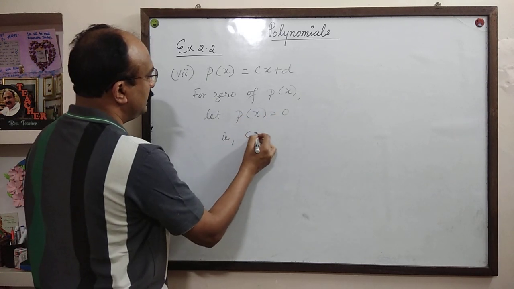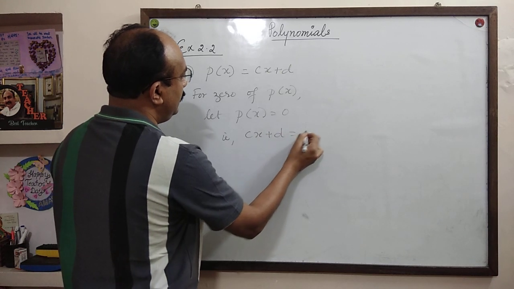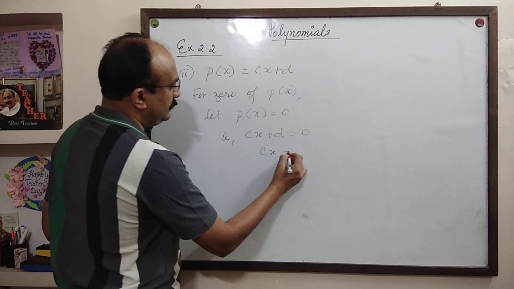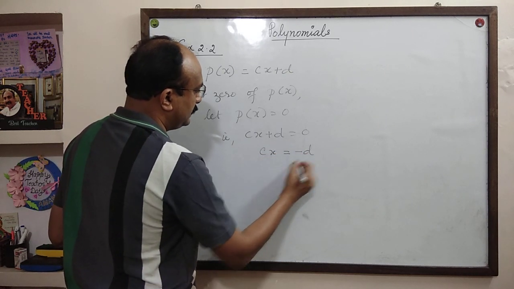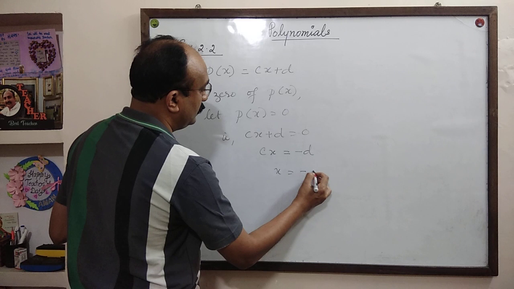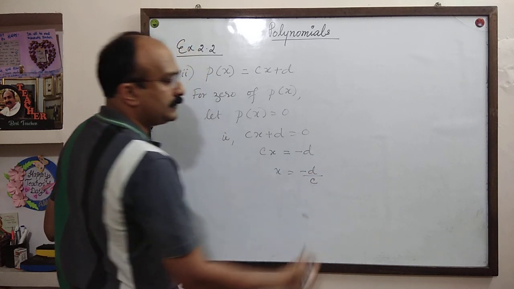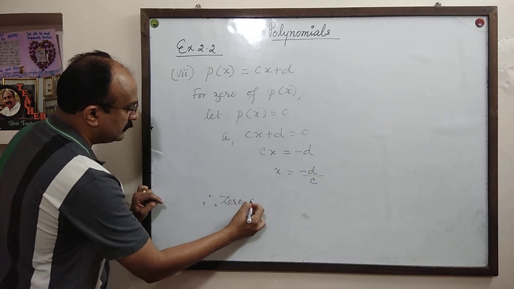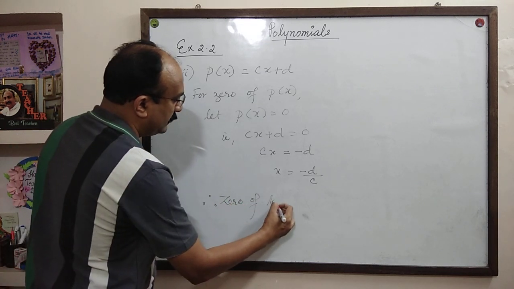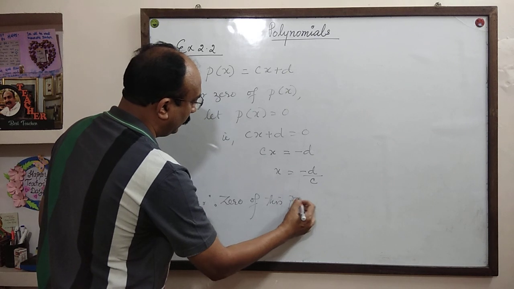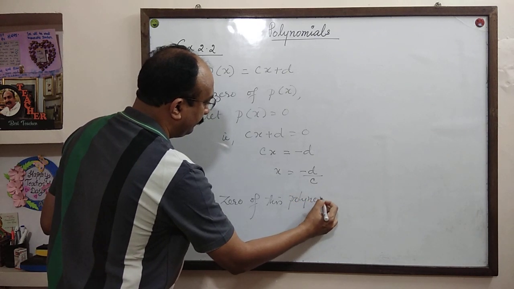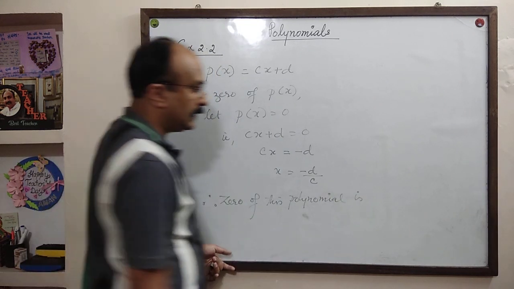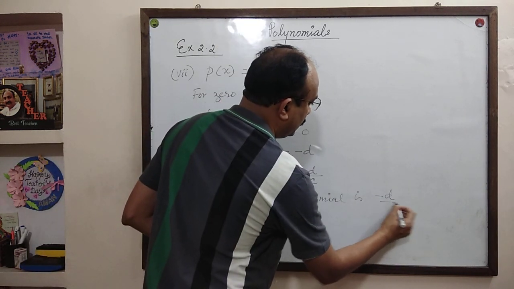That is cx plus d equal to 0. We have to find the value of x. So cx equal to minus d, x equal to minus d upon c. Therefore, the 0 of this polynomial is minus d upon c.